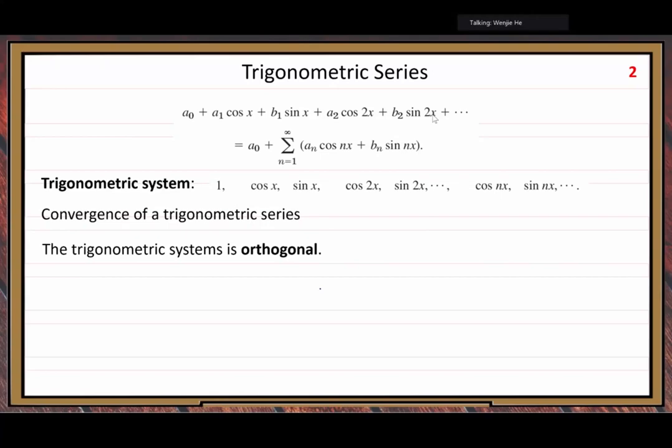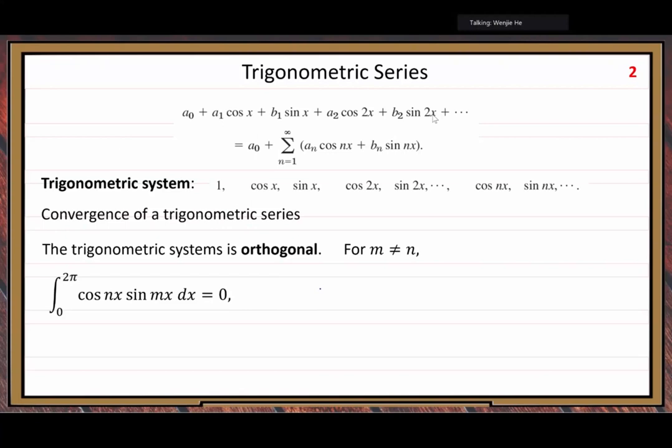So what's that? For m not equal to n, we take the integral over the period, 2 pi, from 0 to 2 pi.